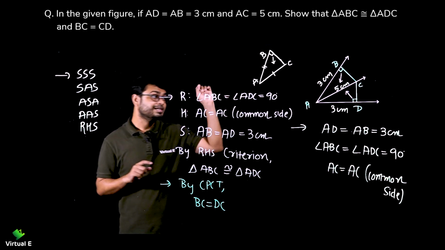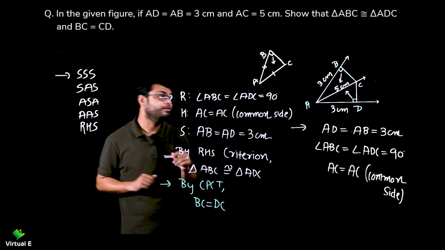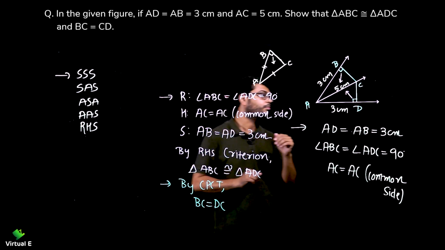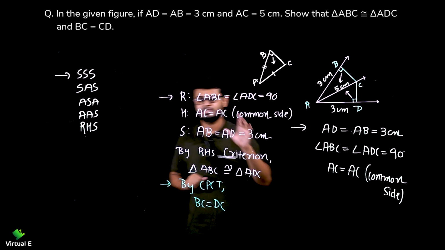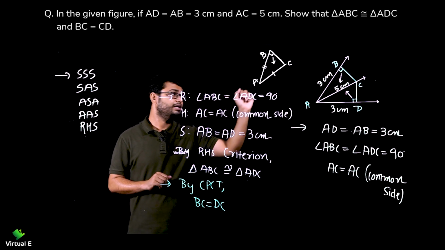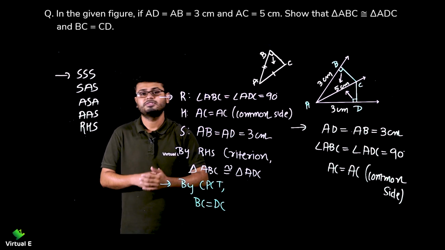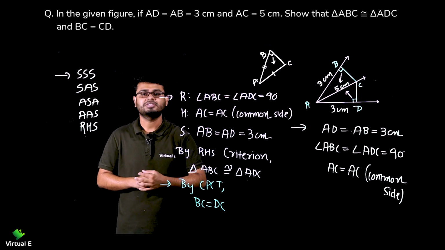But when this kind of figures are there, you always need to identify which is the hypotenuse. And if you are confused, it will be difficult to reach the proper conclusion, right? Opposite to 90 degrees is always your hypotenuse. That being done, by RHS criterion we prove that these two triangles are congruent, and by CPCT we can write whatever condition is asked in the question. So this is how we do the sum based on the RHS criterion.